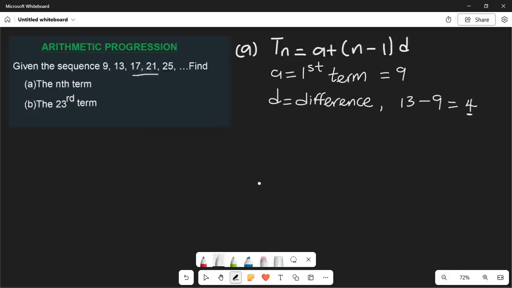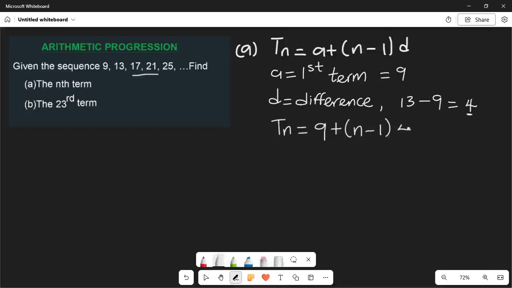So back to the formula. The formula is nth term equals a plus bracket n minus 1 bracket d. Now a is equal to 9. Remember, a is the first term. The difference is 4.